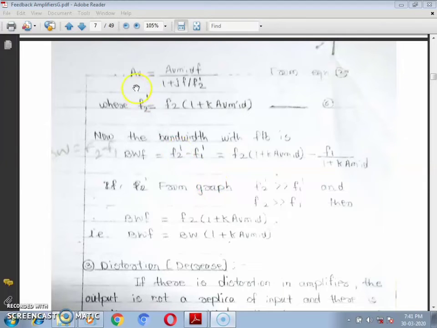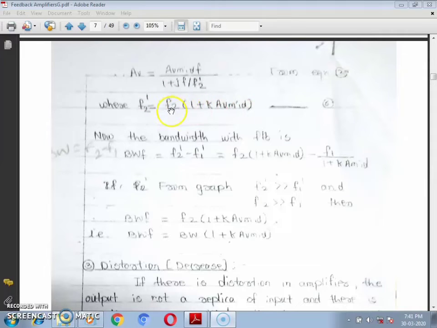So finally it is seen that AVF is equal to AV mid F divided by 1 plus J times F divided by F2 dash, where F2 dash is the upper 3 dB frequency of the amplifier with feedback, which is given as F2 times 1 plus KAV mid.